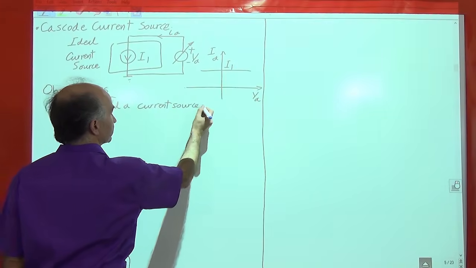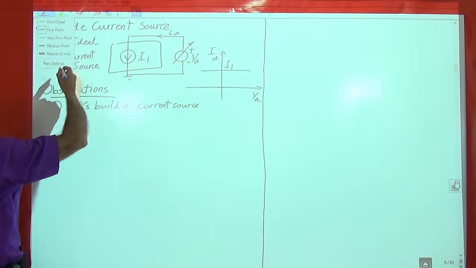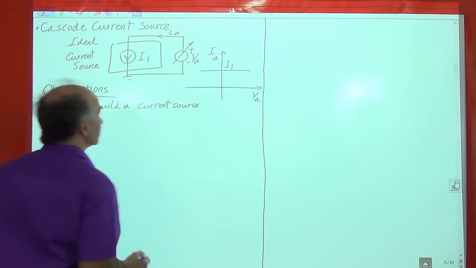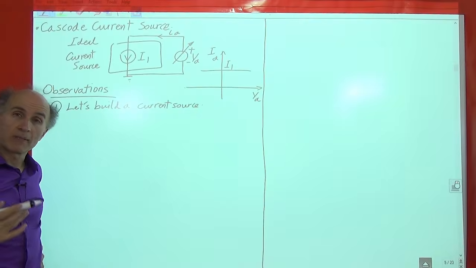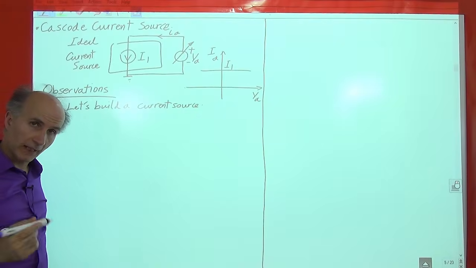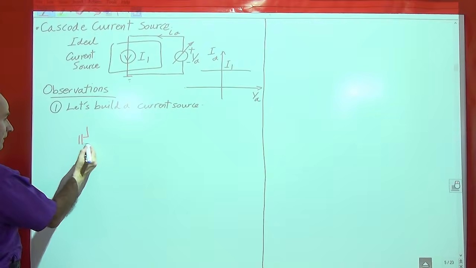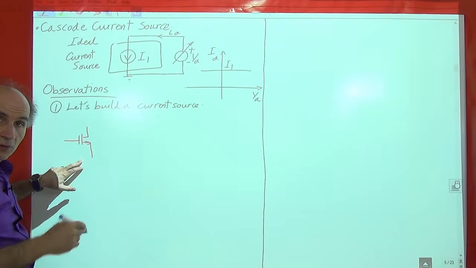All right, how do we do this? Let's change the color of our pen to, for example, red. Well, we know that, for example, a MOS device in saturation can operate as a current source. So here's a MOS device. It needs a certain gate source voltage to turn it on.